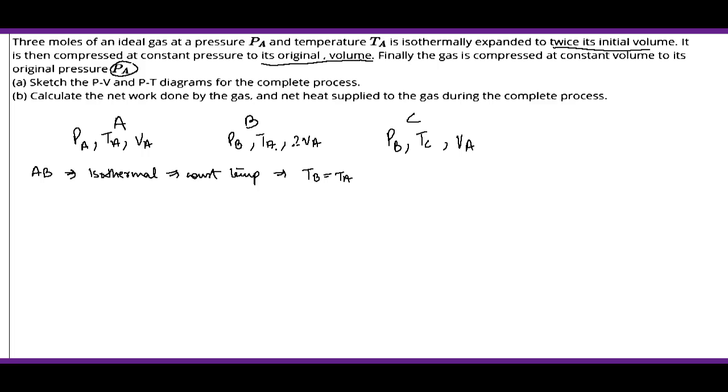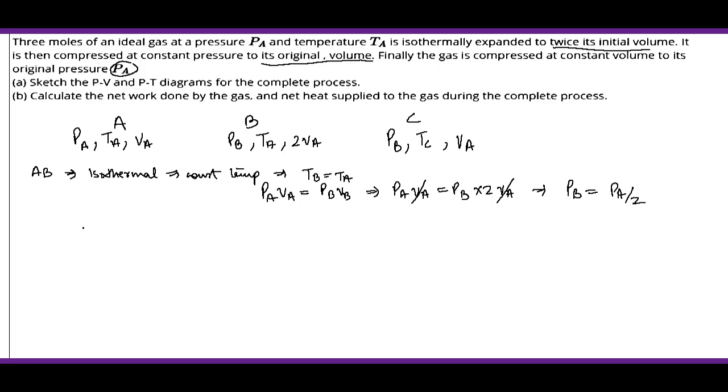So from here, as it is an isothermal process, we can say that Pa Va will be equal to Pb Vb, right? So this implies Pa into Va equals Pb into Vb, and Vb is twice of Va, so this implies Pb is equal to Pa by 2.